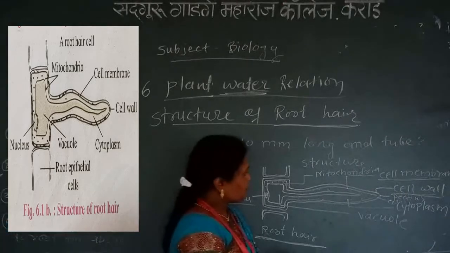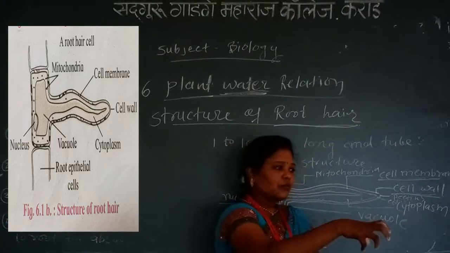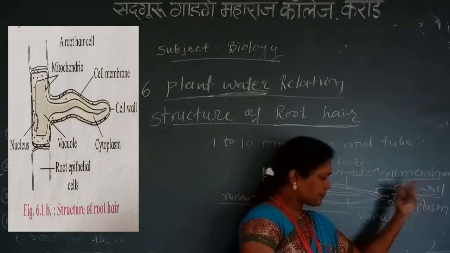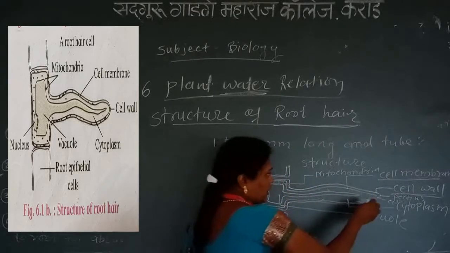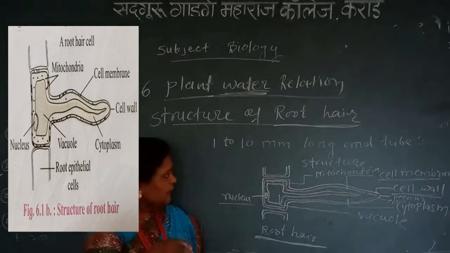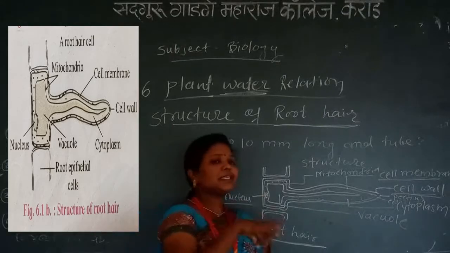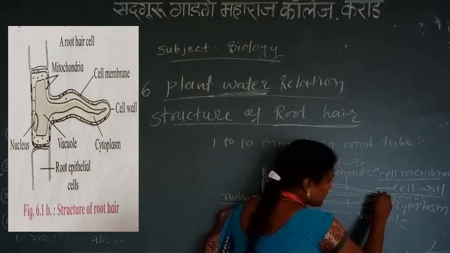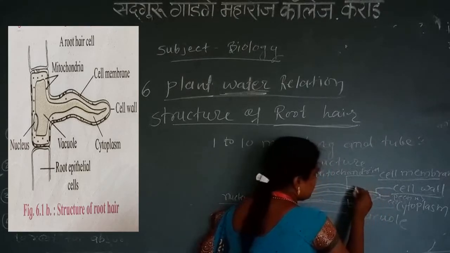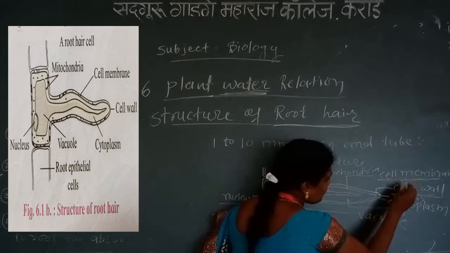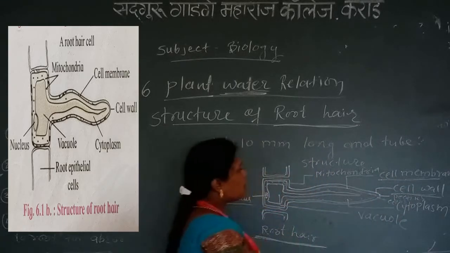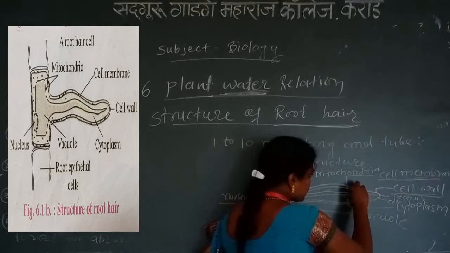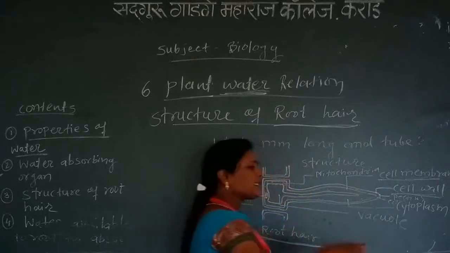Freely permeable means it allows material from outside the cell without any restriction, and selectively permeable means it allows only selected material after it has entered through the freely permeable wall. The second layer is the cell membrane, which allows only selected material.